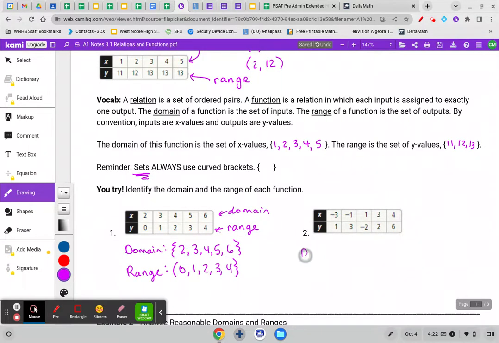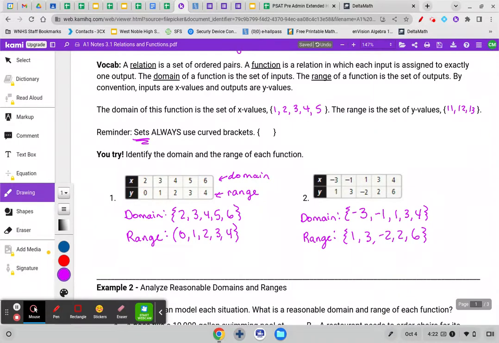Question 2, very similar. You've got your domain and your range. This is just really vocab, guys, but you're going to need to know what domain means, as in it's the inputs and the x values. So it is -3, -1, 1, 3, and 4. And our range is 1, 3, -2, 2, and 6.